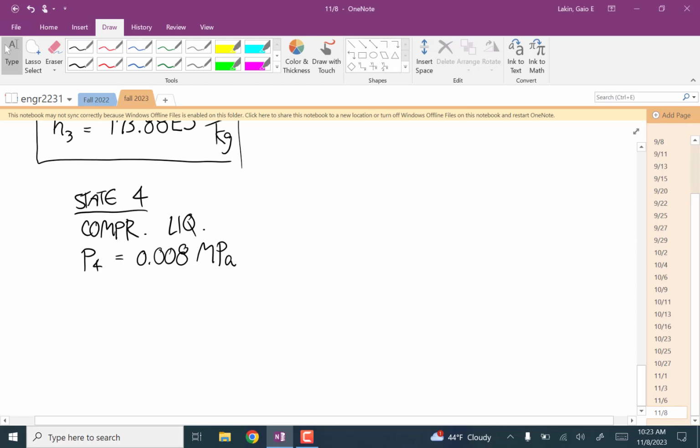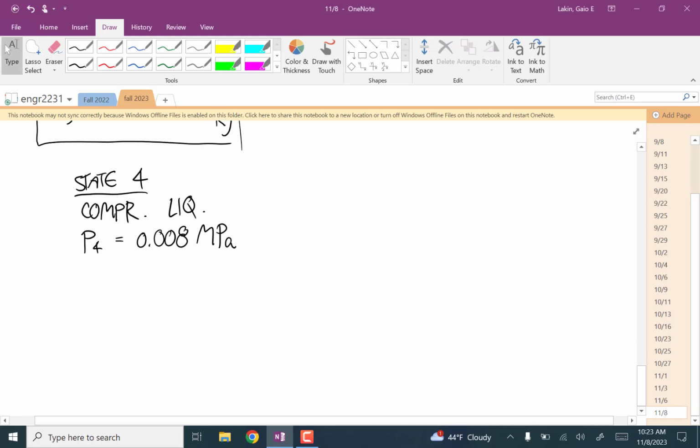And at the pump, we know that W dot for the pump divided by M dot is equal to H4 minus H3. And if you assume that it's incompressible, we also know that this is equal to the specific volume times the pressure at state 4 minus the pressure at state 3.